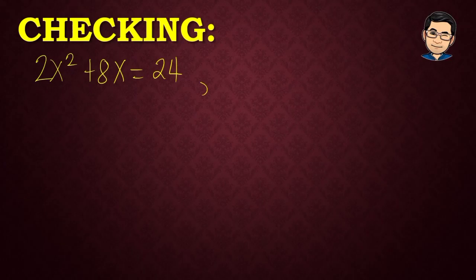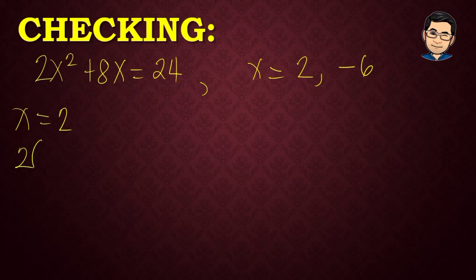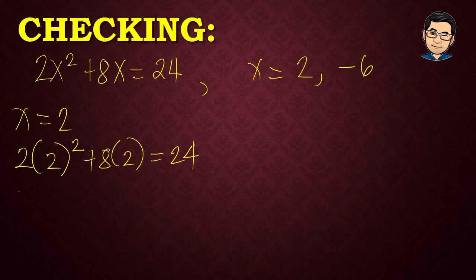And then, yung roots na nakuha natin, yung solution, 2 and negative 6. So, x equals 2. Then, 2 times the quantity of 2 squared plus 8 times 2 equals 24. So, 2 times the square of 2, that is 4.